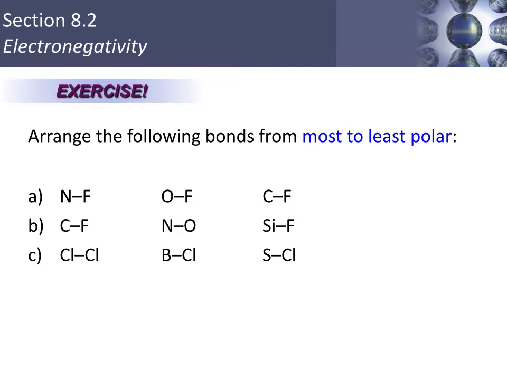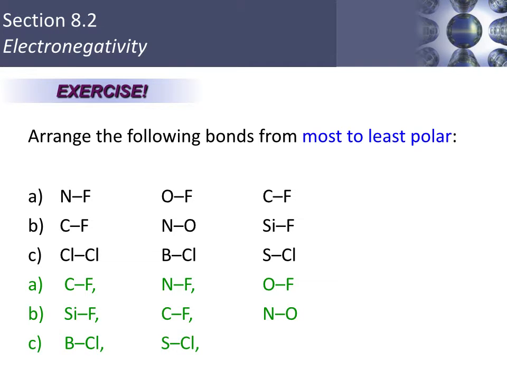That will be the most polar bond. So for A, the most polar bond occurs between carbon and fluorine, then nitrogen and fluorine, then oxygen and fluorine. For B, we have these, and for C, okay.